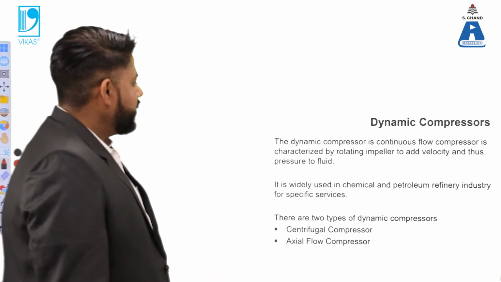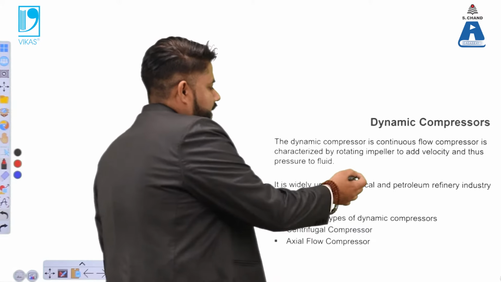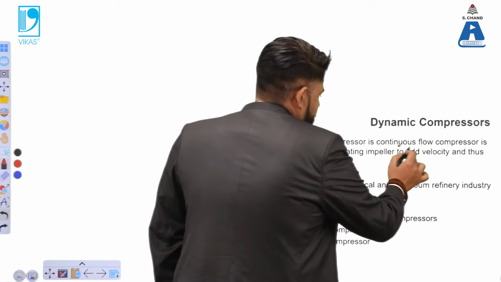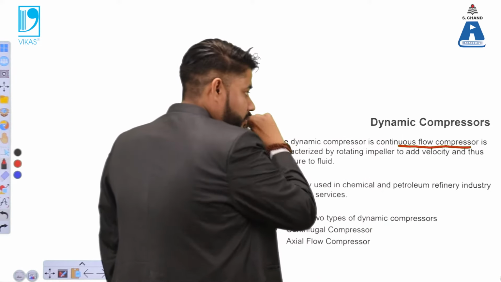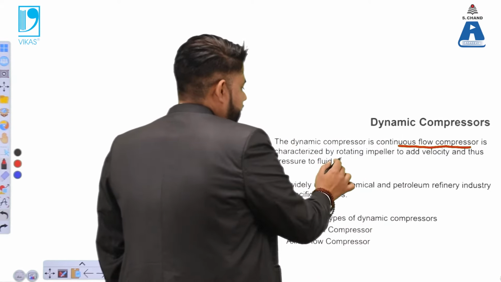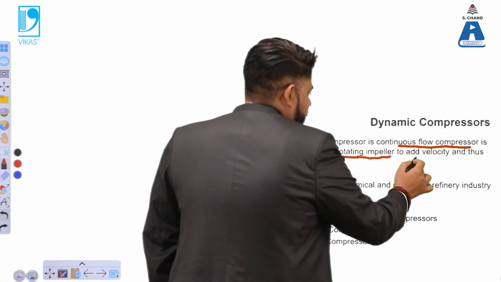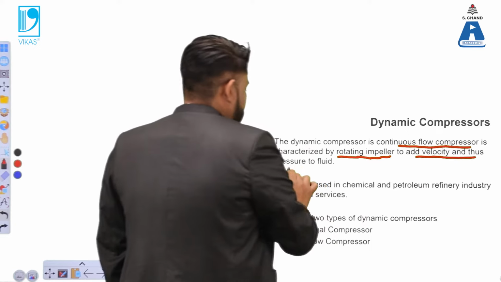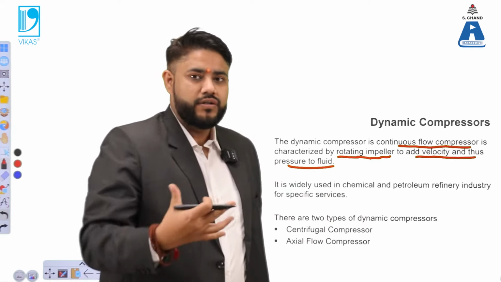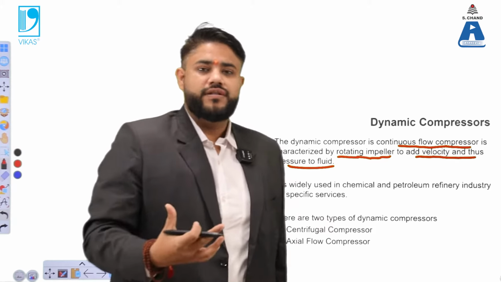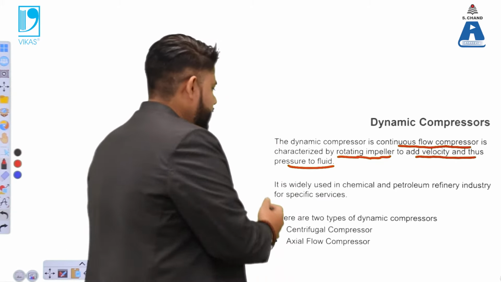The dynamic compressor is the category responsible for continuous flow, and it is characterized by a rotating impeller that adds velocity and pressure to the fluid. If you want to increase the velocity or pressure of a particular fluid, then we use a dynamic compressor.